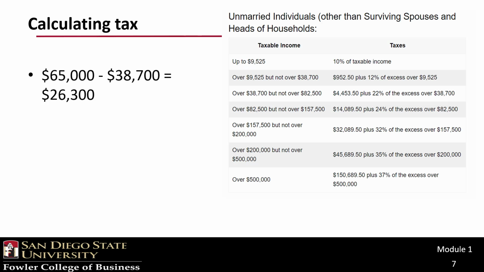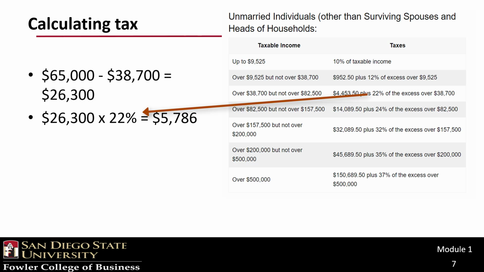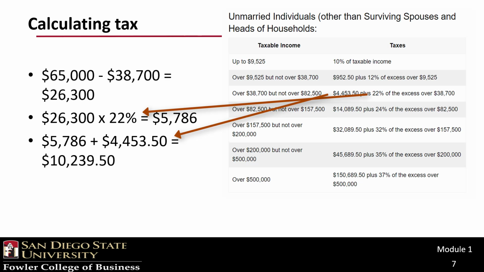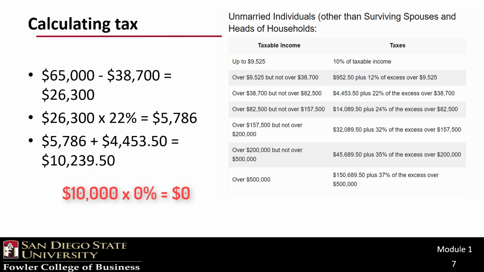Notice we did not include the tax-exempt income because by default, that's tax-exempt. We do the 22%, add the $4,453.50. We can find that Patrick's income tax is $10,239.50. What's not shown in this calculation is the $10,000 of exempt income times a 0% rate. Of course the tax on that is 0 because anything times 0 is 0.